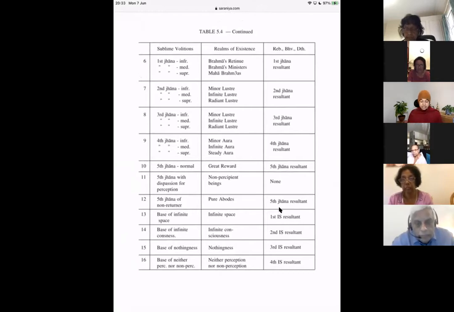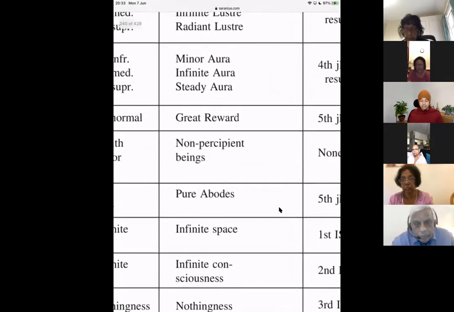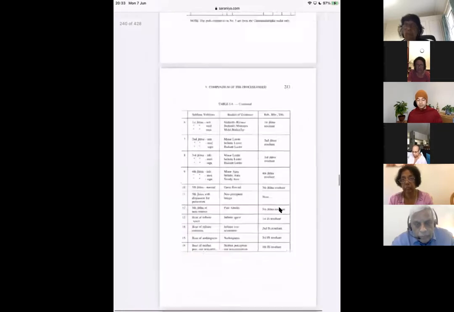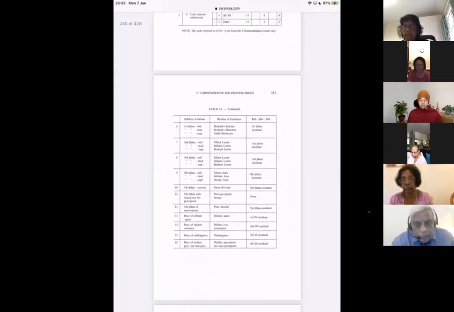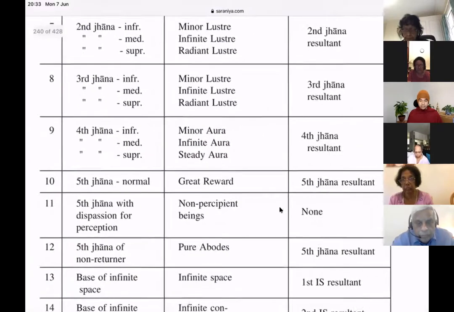This is the pure abodes, which is 5th jhana resultant here, right?